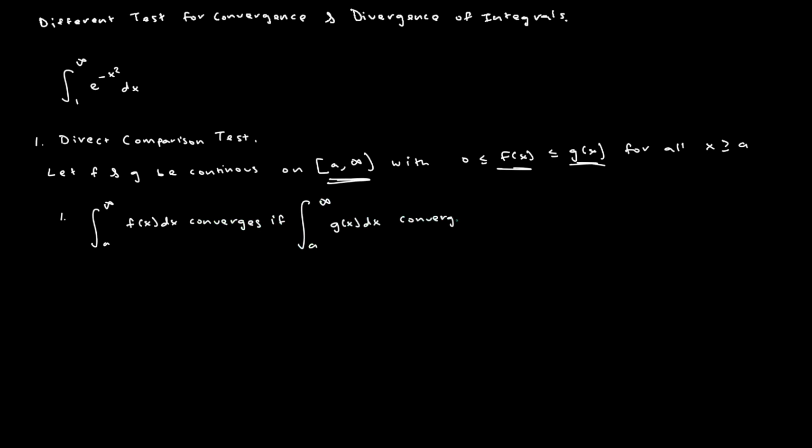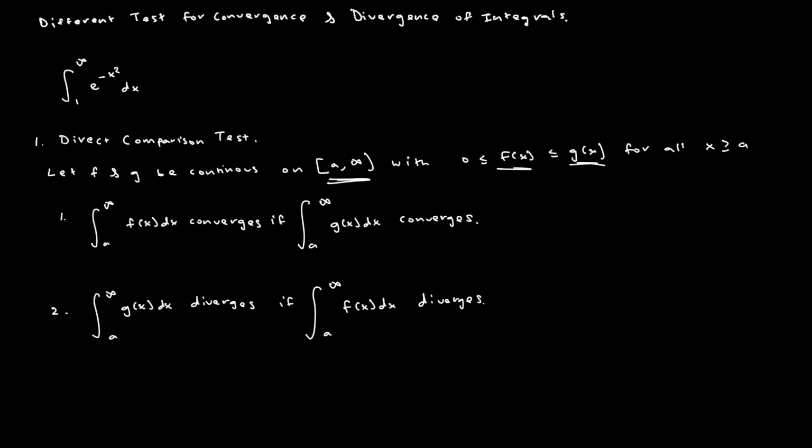And similarly, the integral from a to infinity of g of x dx diverges if the integral from a to infinity of f of x dx diverges. So I'm going to take a moment to motivate why this is true.